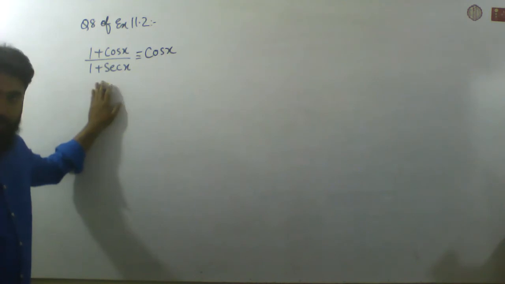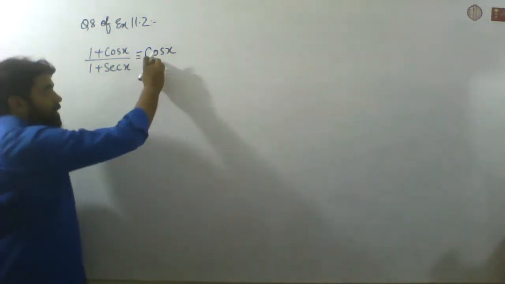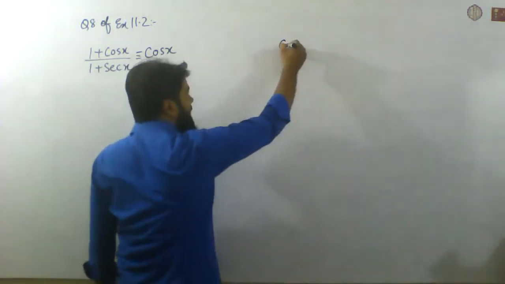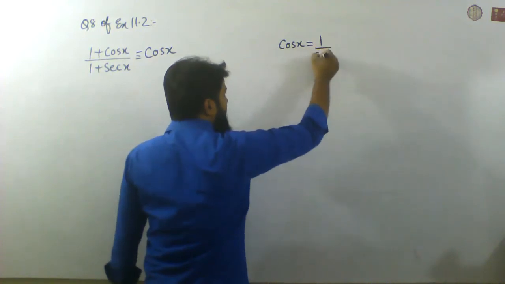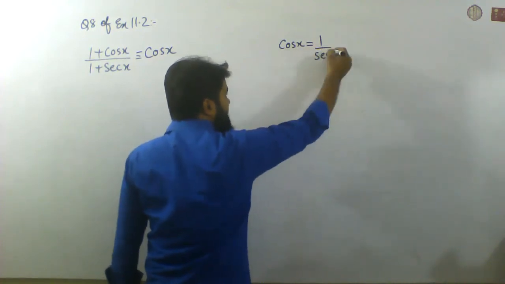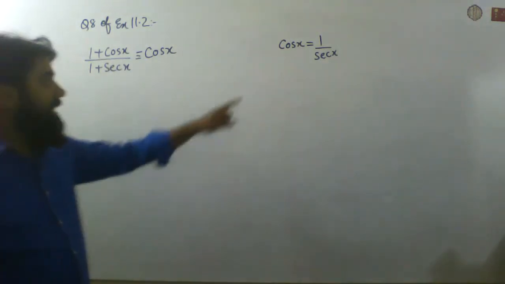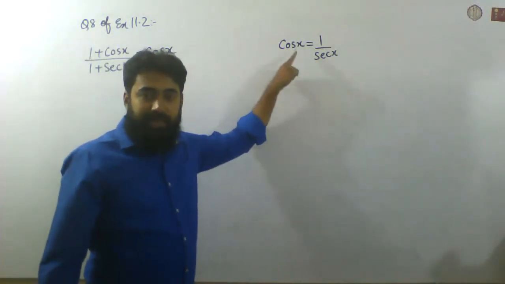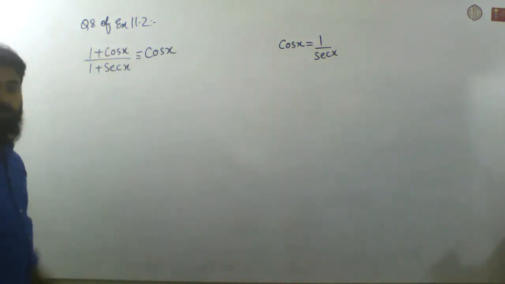Write cos x in a rough column: cos x can be equal to 1 over sec x.